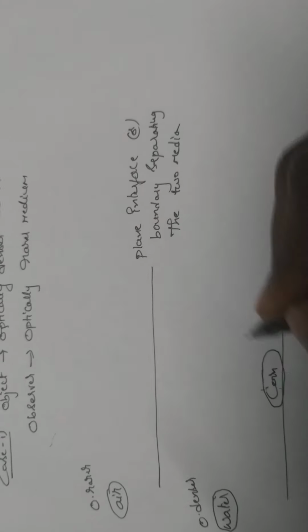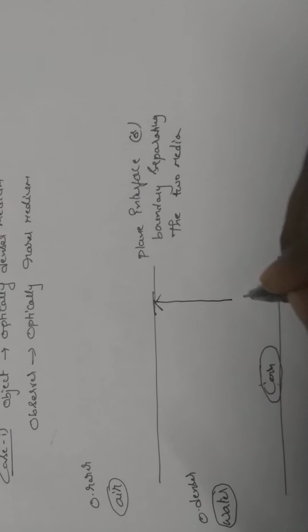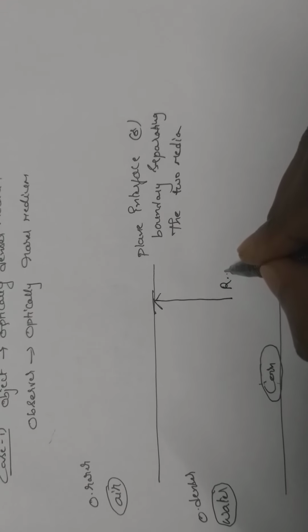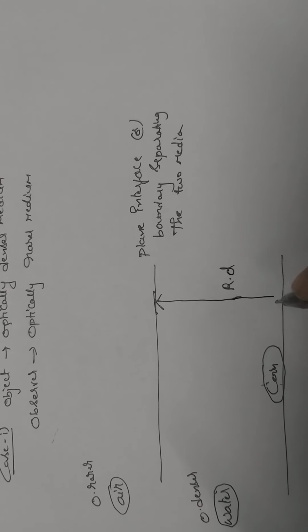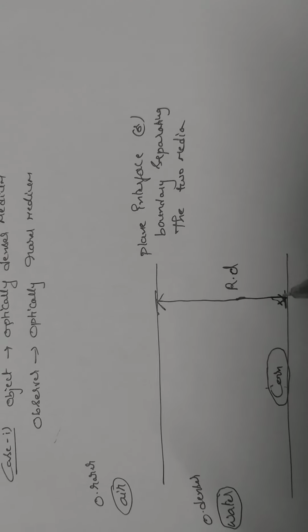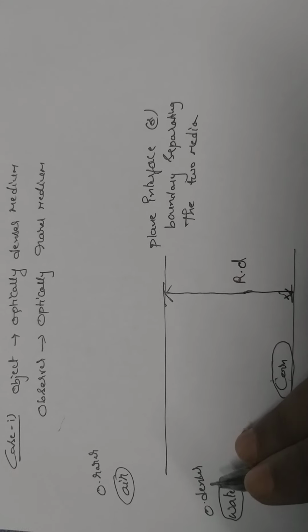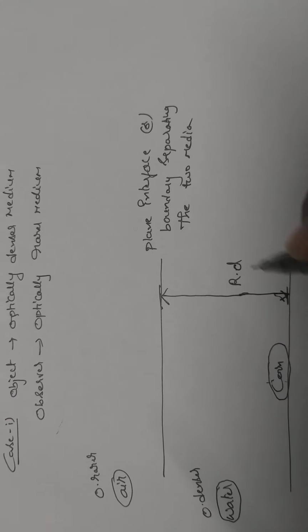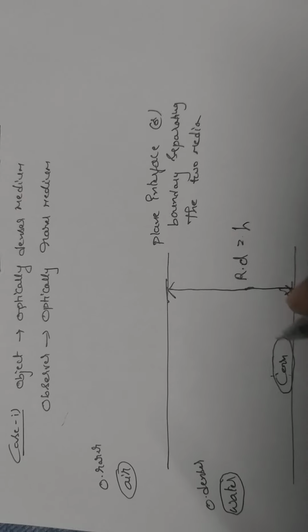Let us suppose this is the real depth of the coin, which I am denoting with RD. The coin is placed in the optically denser medium at a real depth RD, or you can say H.